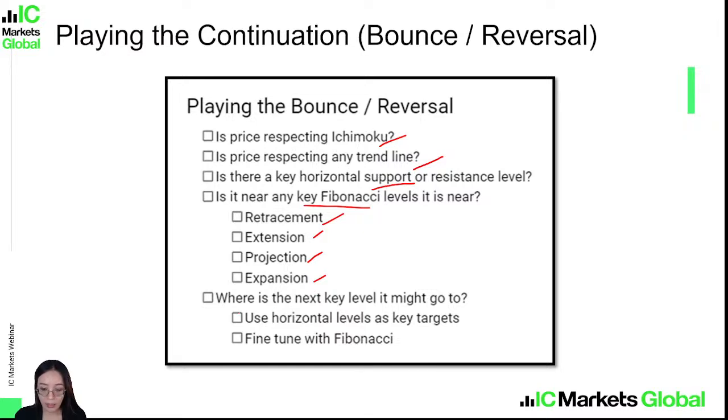Okay, and you also can see where is the next key level it might go to. Let's say if you draw a channel line or trend line, you look where is the next level. Okay, you need to wait for price to get close to the key level, and then either you buy or sell.